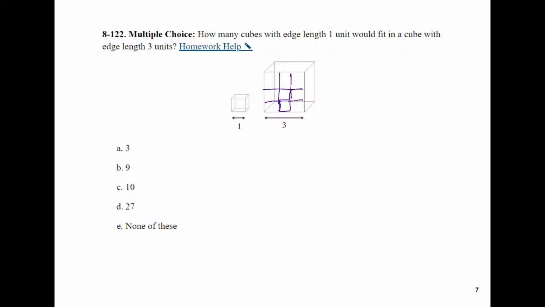So looking at this side of my cube, I know I would have 9 blocks on this face. I know I should have 9 blocks on the top as well, and on the side. So I could count up all those blocks and see that it's 27, or I could take my length times my width times my height, 3 times 3 times 3, and also get 27.